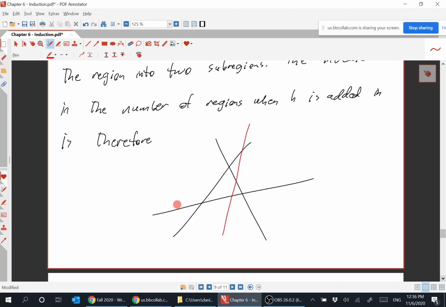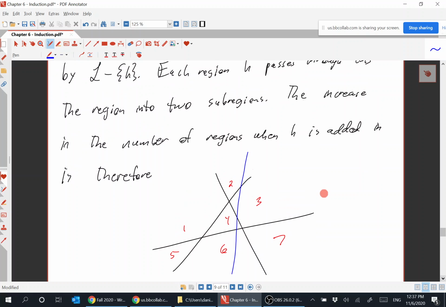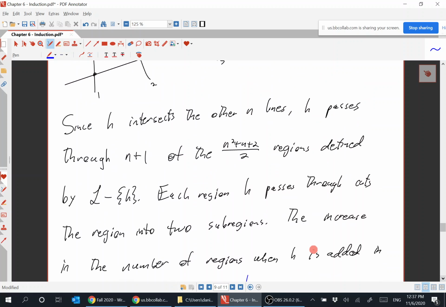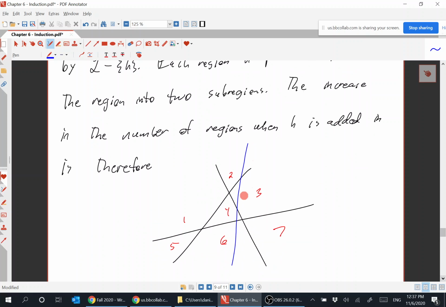Here we're passing through 4 regions. There were 7 regions to start. You would increase it by 4, because you're doubling the 4. So the increase in the number of regions here is what? This is the fourth line.